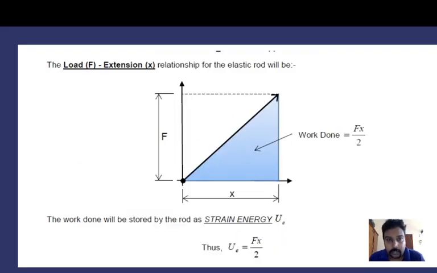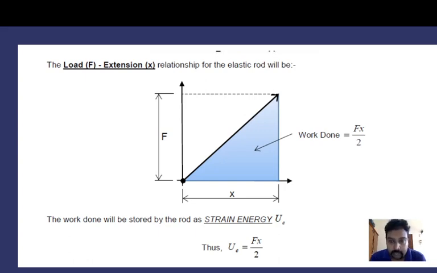Now if you look at the load and extension relationship for the rod, it will be a straight graph. When you apply a force, there will be an elongation x, which is in a uniform manner, and the work done is basically the area under the graph.